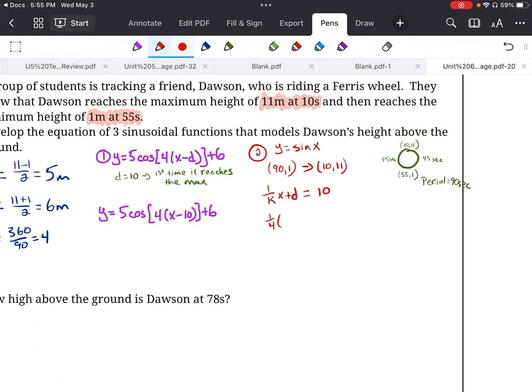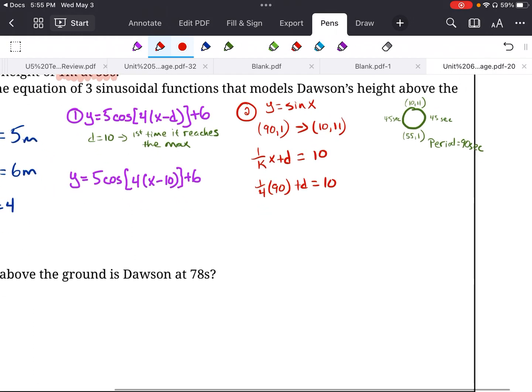We're going to plug in the original x value plus d, and we want it to equal 10. A quarter times 90 is 22.5, plus d equals 10. So we isolate d. 10 minus 22.5 is negative 12.5.